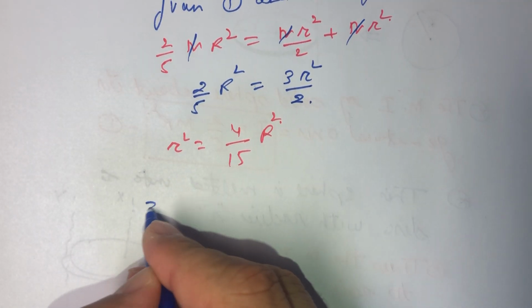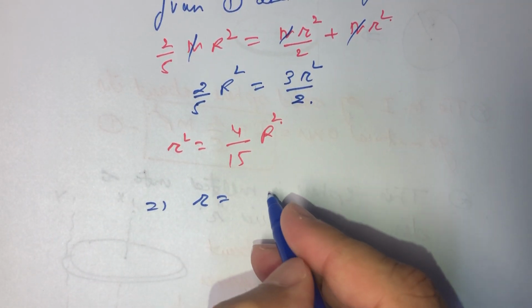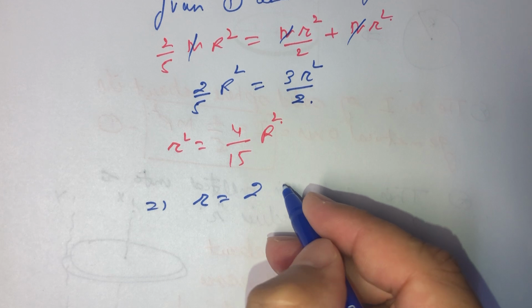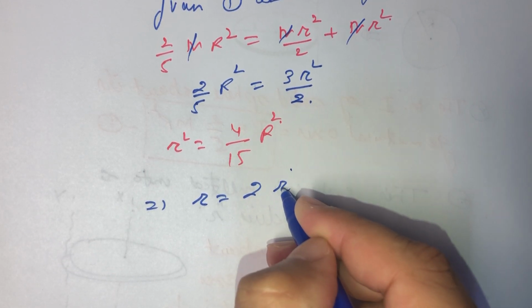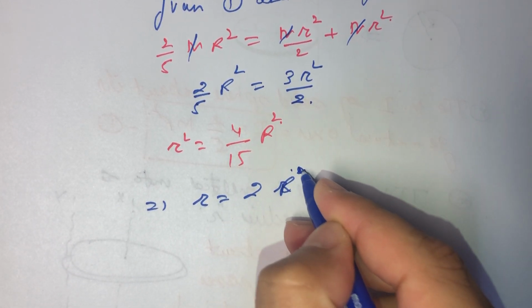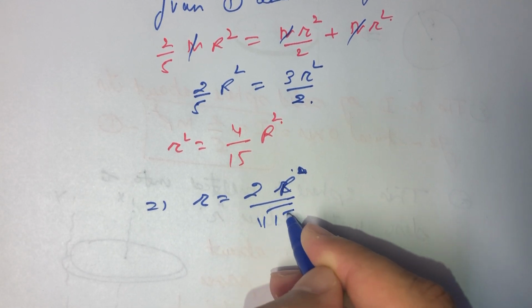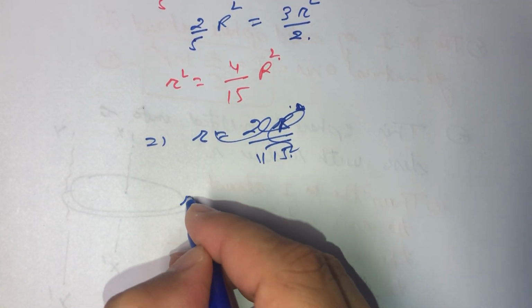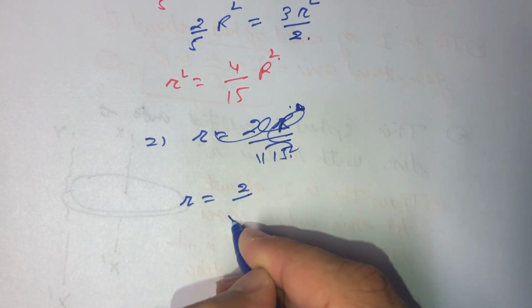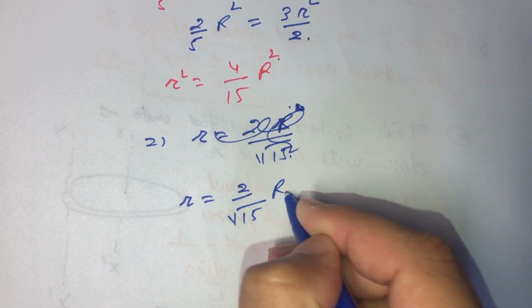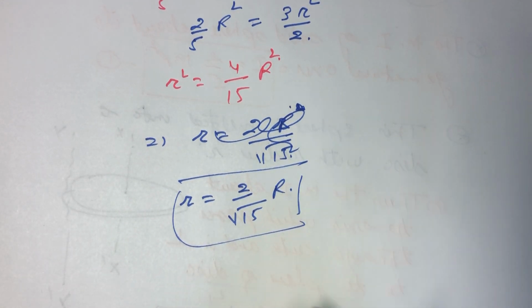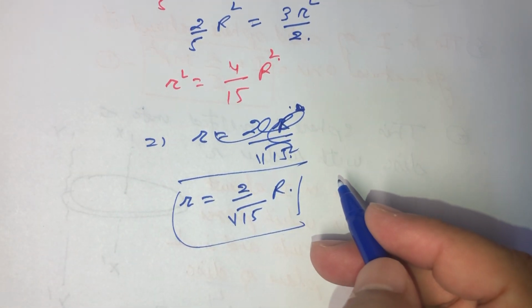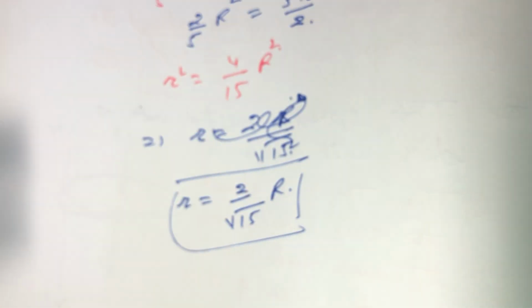Therefore, we get small r is equal to 2 upon square root of 15 times capital R. So this is what was asked for, the value of r.